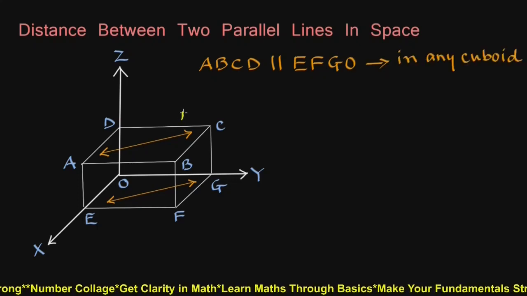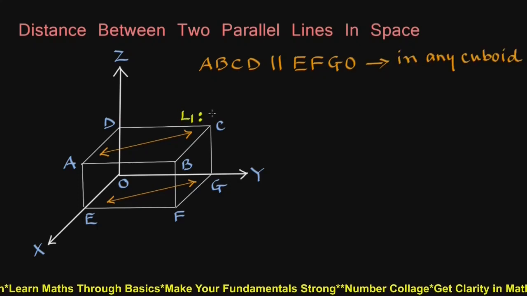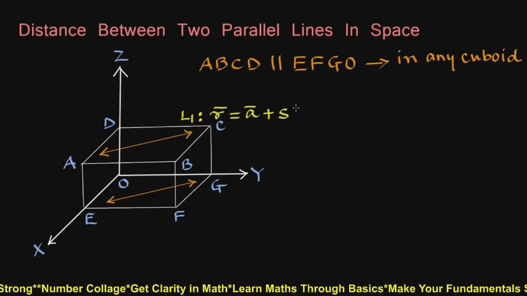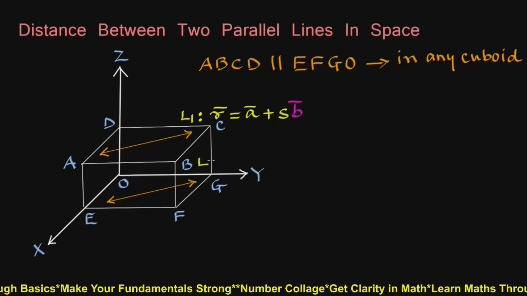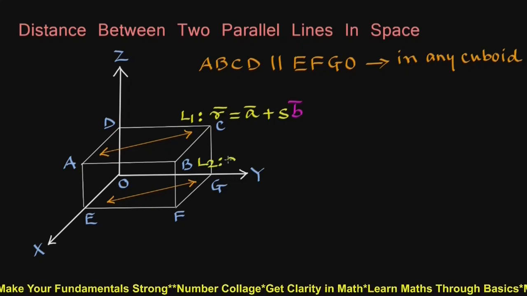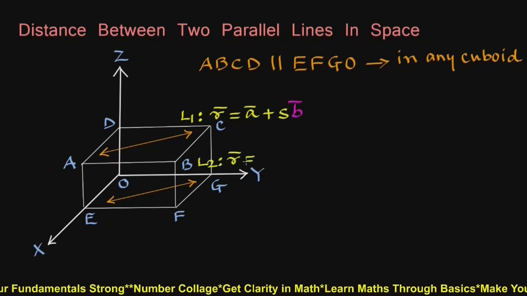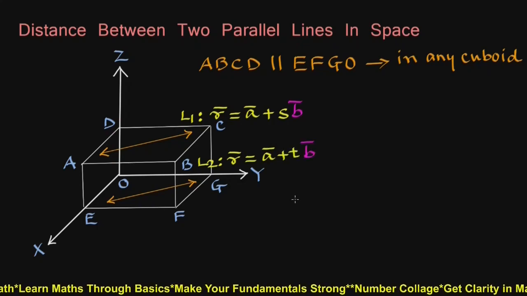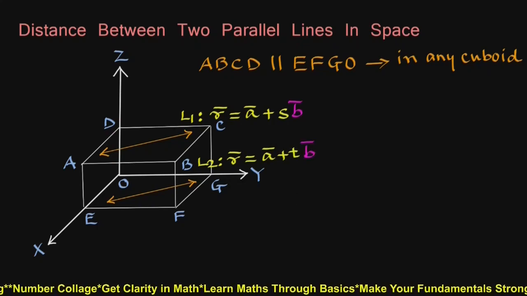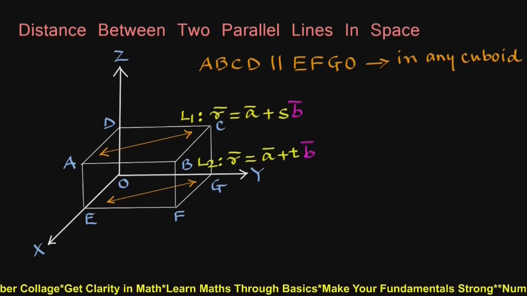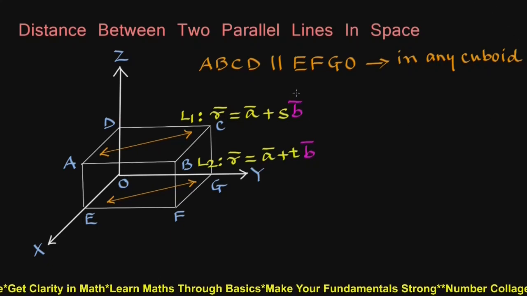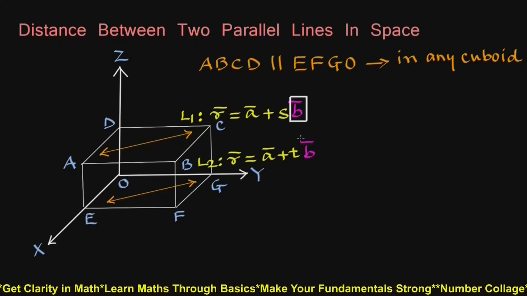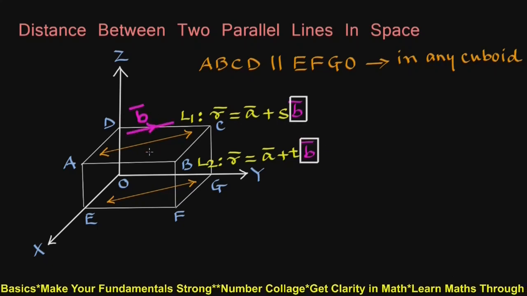So any line L1 whose vector equation is r bar equals a bar plus s b bar, and this line L2 whose vector equation is r bar equals c bar plus t b bar will be parallel to each other. These lines are parallel can be ascertained by the fact that they are parallel to the same vector b bar.